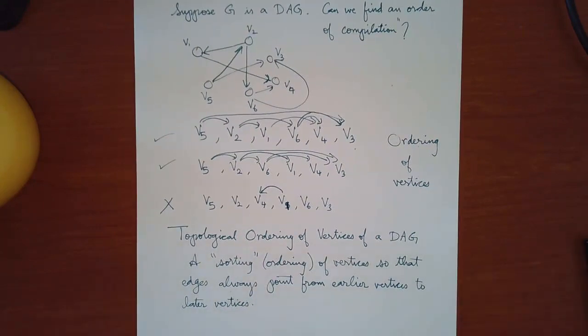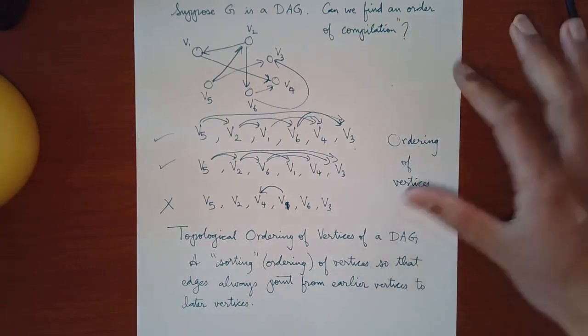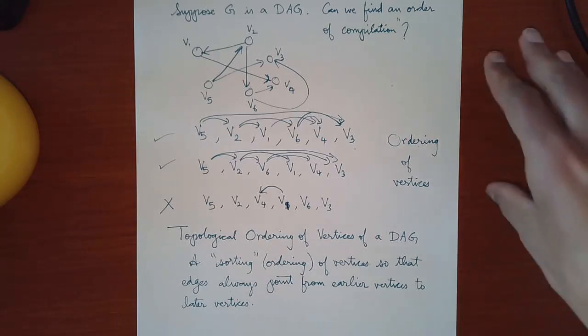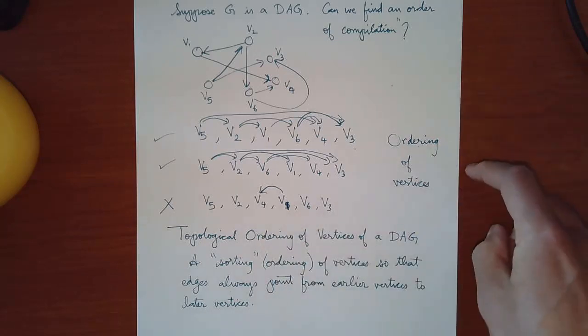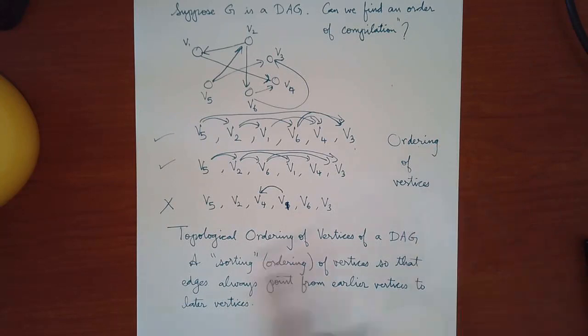Is this clear, the notion of a topological ordering? Please ask questions, because this is one can get confused. It has nothing to do with BFS or DFS yet. This definition is about ordering the vertices so that you go from earlier to later.